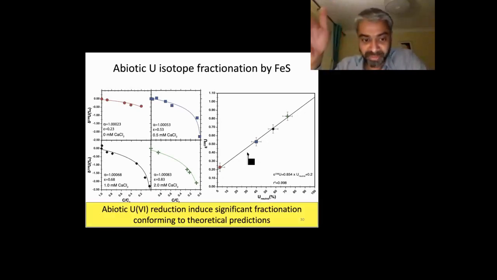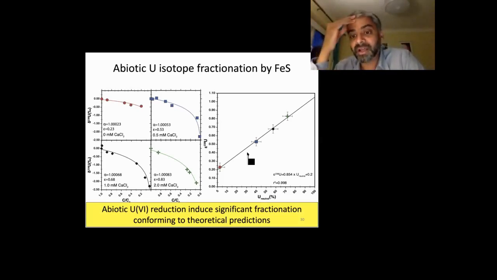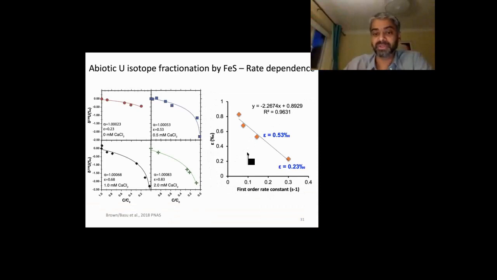So the take-home message is abiotic uranium reduction does induce significant fractionation, in the same order as the microbial fractionation, in the same direction. But if you take a deeper look, here is the rate dependence of the abiotic reaction. So what calcium is doing, really, is slowing down sorption. That means it's slowing down the electron transfer from the surface to uranium.